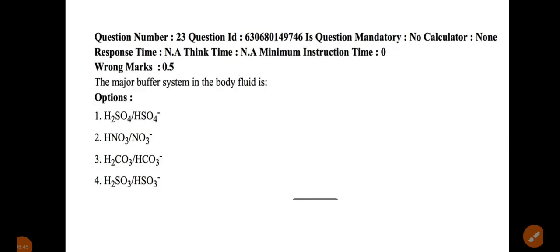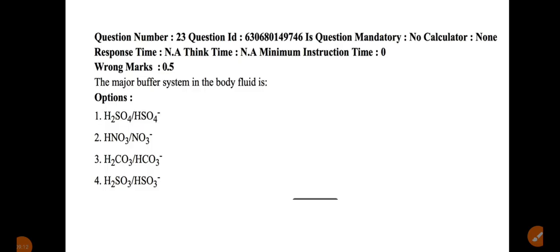So the next one: the major buffer system in body fluid is, the options are H2SO4 and HSO4 minus, HNO3 and NO3 minus, H2CO3 and HCO3 minus, and H2SO3 and HSO3 minus. So that is a very basic question, a very logical question. So sulfuric acid and nitric acid, definitely these are not present in the body, right?